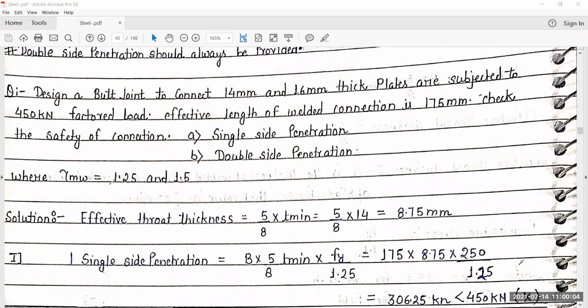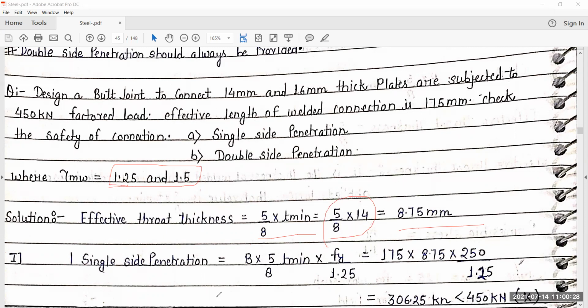Then gamma mw is 1.25, take the value 1.25. Then the solution: effective throat thickness 5/8 T minimum equals this value, the minimum thickness. Okay, and we get the result.